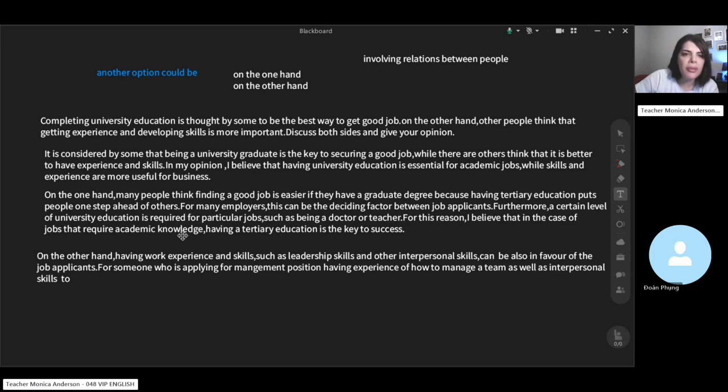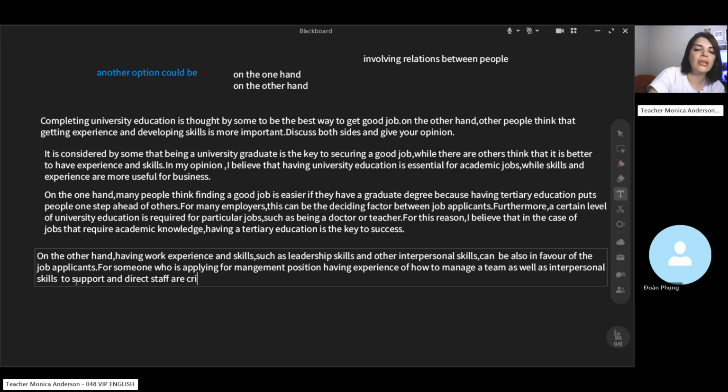Of course, we have some people that we need to deal with issues and problems. We need to listen to staff, support them, and direct them. So we need interpersonal skills to support and direct staff, people who work. So that's really important. So I said someone applying for a management position, having experience of how to manage a team as well as interpersonal skills are important, critical.